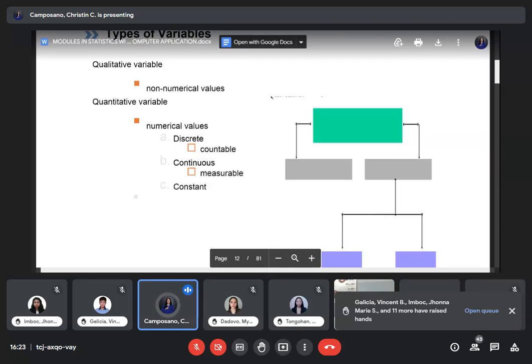Bukod po sa age is temperature. Ay, temperature ng room po or ng body. Room, ano talaga? Room temperature or body temperature? Body temperature na lang po. Ang gulo mo kausap, Miss Camposano.